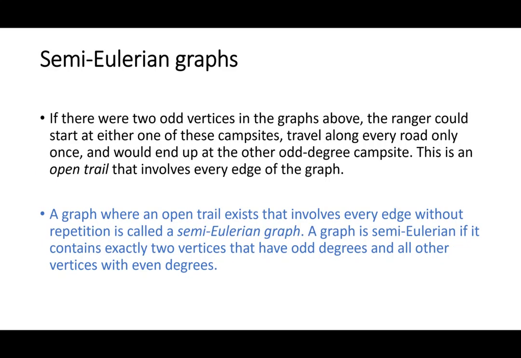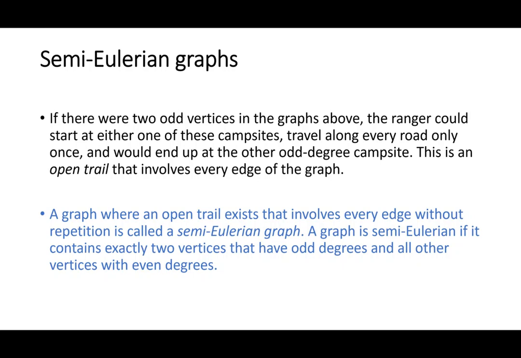The other option, semi-Eulerian. If there's 2 odd vertices in the graph, the ranger can only start at either one of those campsites. So I think that's what you're thinking of, Nathan. The ranger can only start at either one of them, travel along every road only once, and they don't end up where they started.